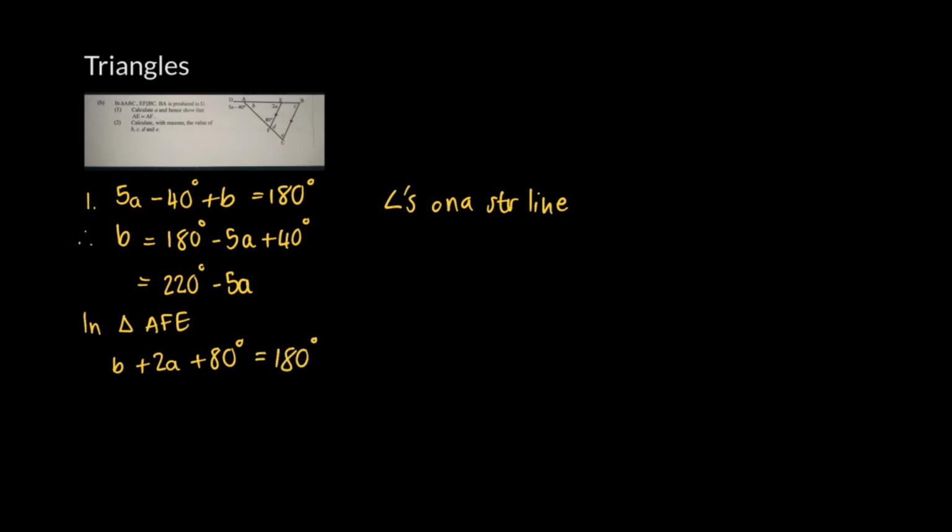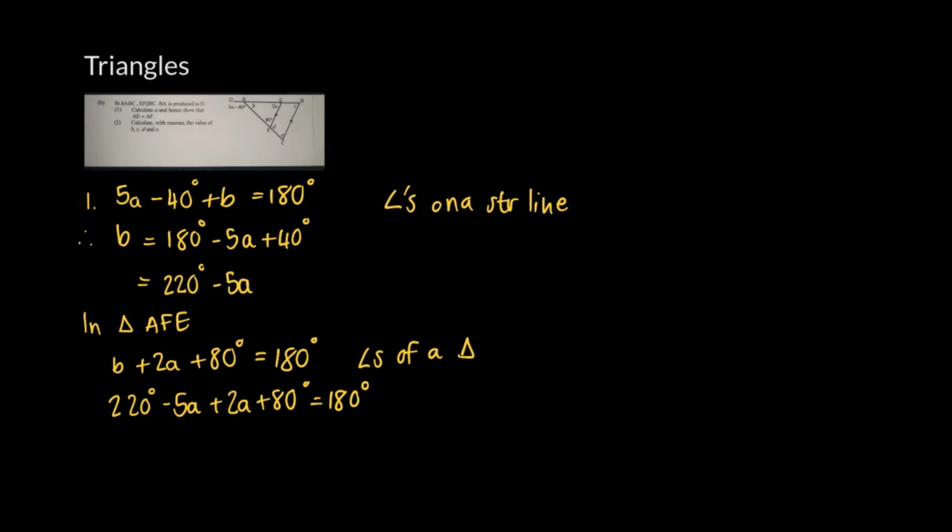And our reason here is angles of a triangle. Now we can replace B with what we've gotten here for B in the first part. So we're going to get 220 degrees minus 5A plus 2A plus 80 degrees is equal to 180 degrees. And then we can just make A the subject of the formula here.